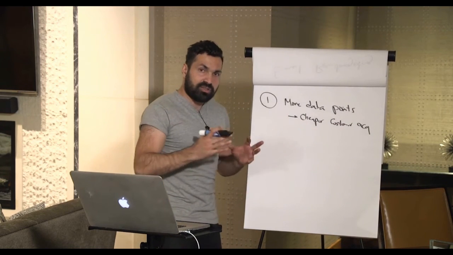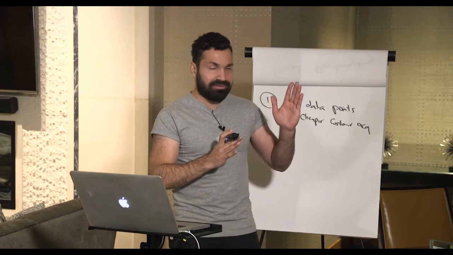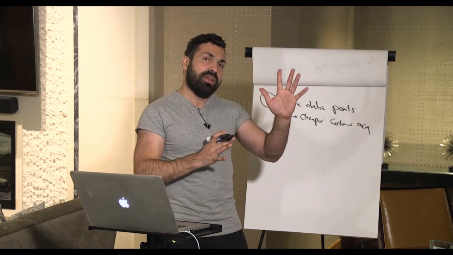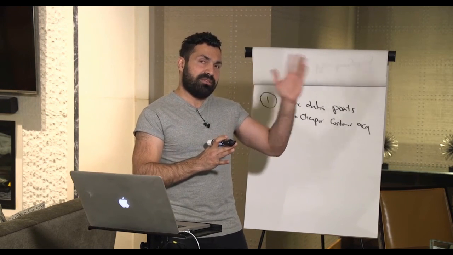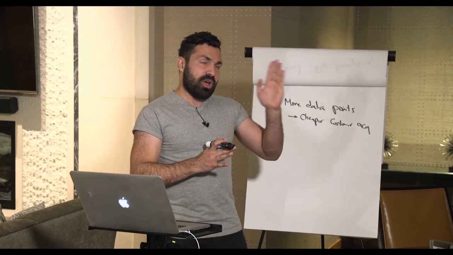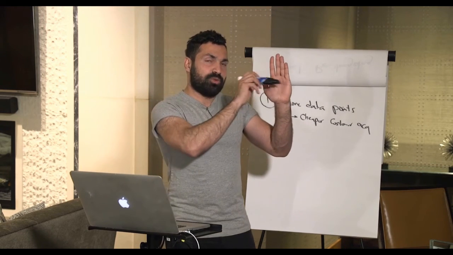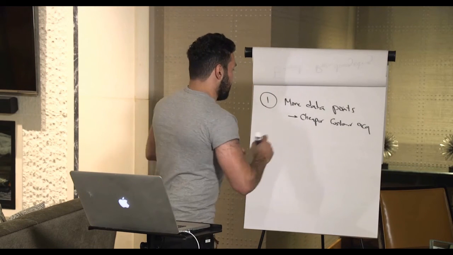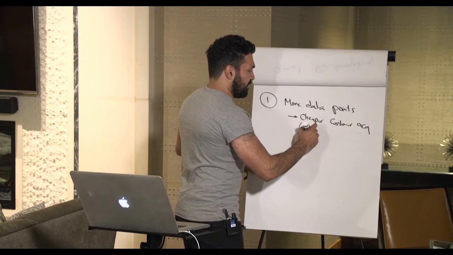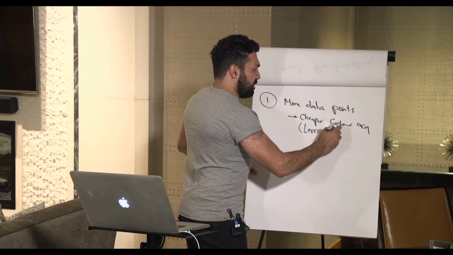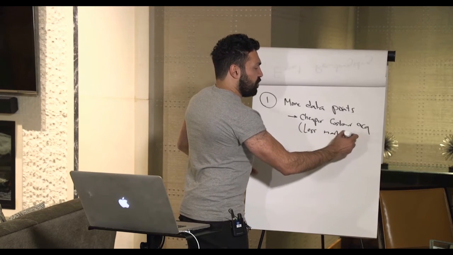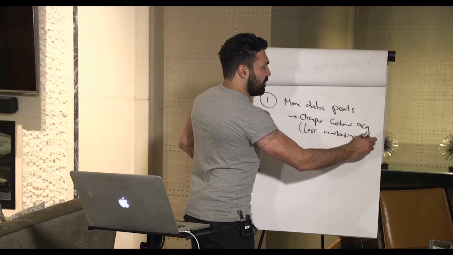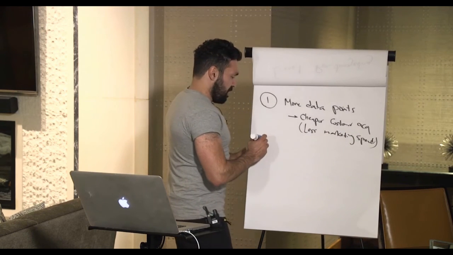Because you have an intermediary step between the first step and second step, you have a data point in the middle, you can optimize to opt-ins, and that means you need less spending, or less marketing spend, to achieve optimal results. So that's the first thing.